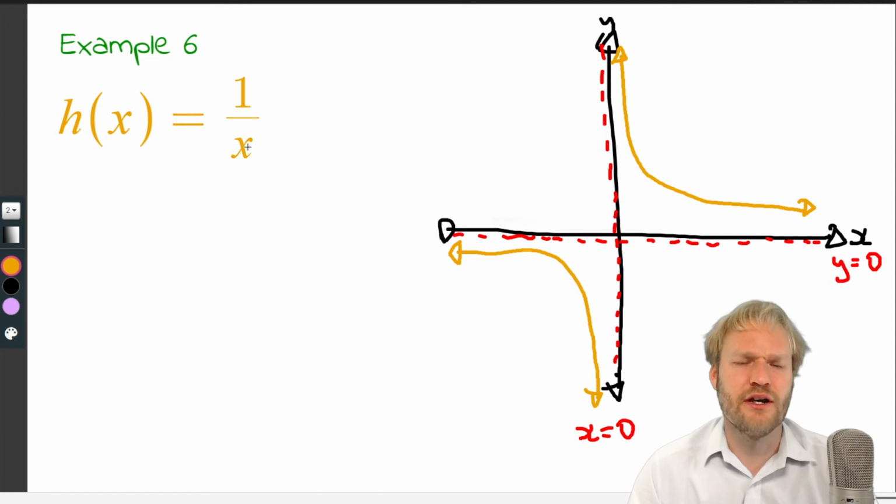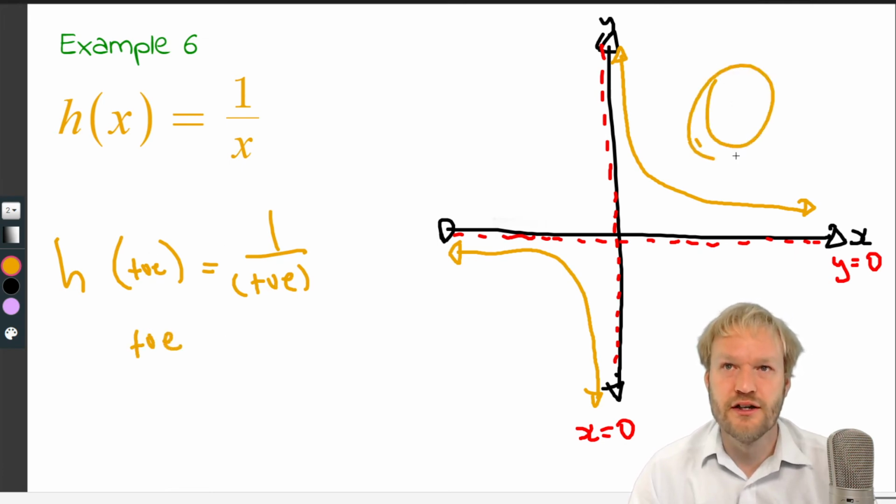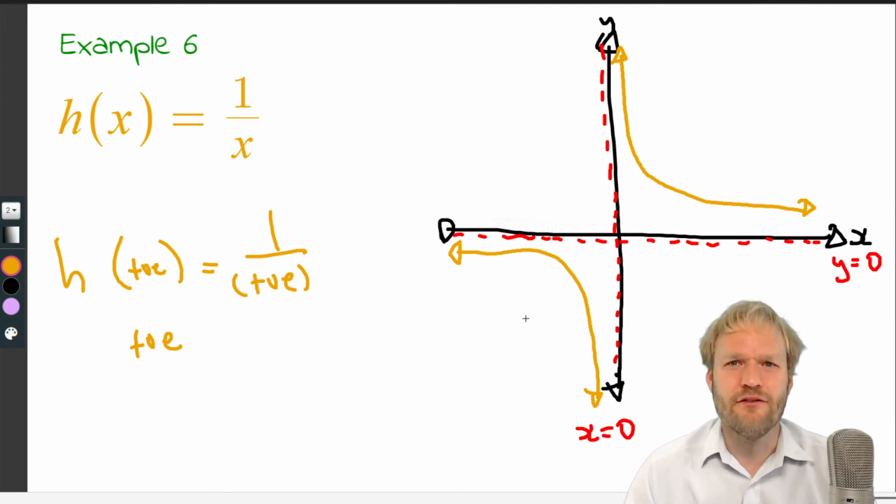Because think, if you put a positive number in, let's say h of a positive number, we're going to get 1 over a positive number, so our output's going to be positive. So positive, positive is up here in this quadrant. If we put in a negative, we get a negative. It's just something that's embedded by now. This quadrant.